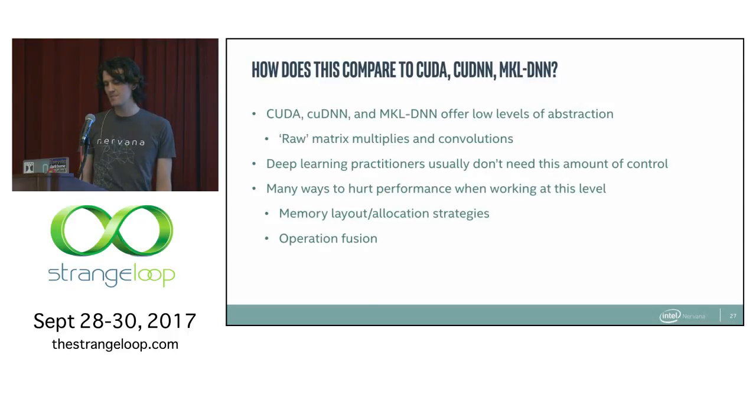You're at the memory management level of buffers. If you're a data scientist, you definitely don't want to use this level of control when you're just trying to write a model. And there are many ways that you can hurt performance if you don't know what you're doing at this level. You can easily get memory layout wrong for your device. The allocation may not be optimal. And doing things like operation fusion is very hard to do.